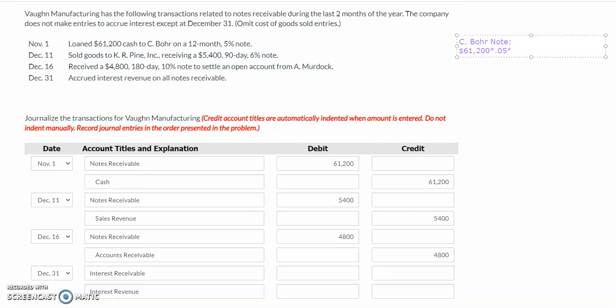And we're going to accrue the interest for the whole month of November, because we note that the date of the note is November 1st. So we need to do the whole month of November and the whole month of December, because we're recording this journal entry as of December 31st. So I'm going to multiply this by 2 over 12 months. So when I multiply this out, we have $510 for this first note.